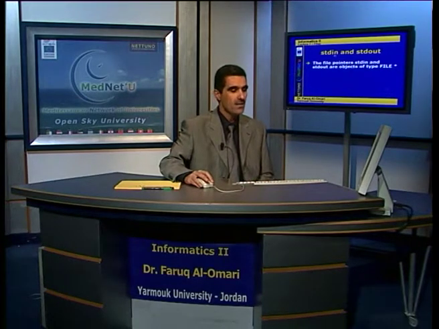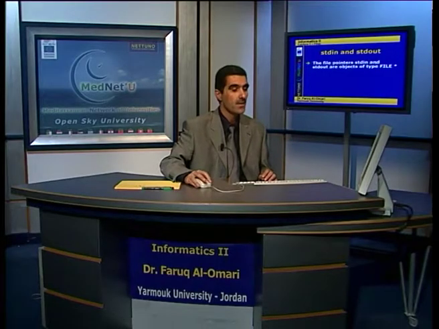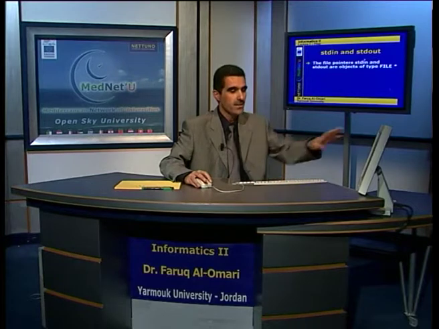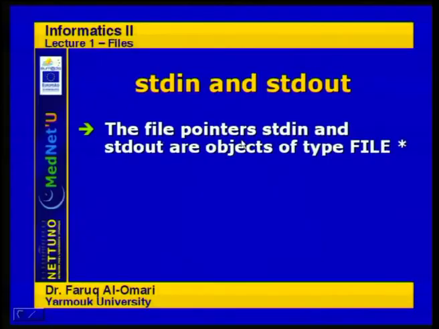We're going to go back to the standard in, standard out. As I said, standard input to the computer is basically the keyboard, or the scanner sometimes. And the standard output is this display, the screen of the computer. The file pointers stdin and stdout are actually objects of type FILE.